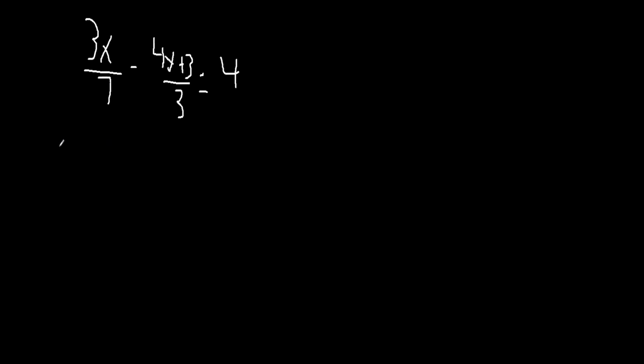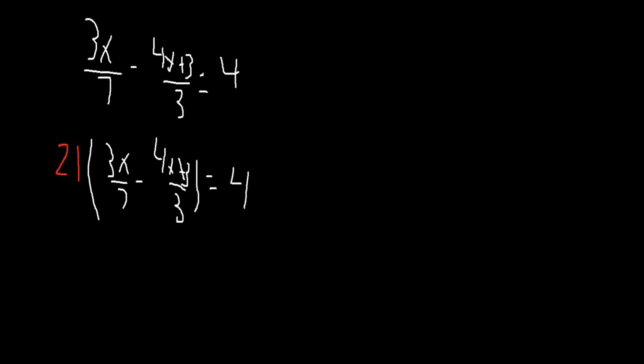So that gives us 21 times 3x divided by 7 minus 4x plus 3 divided by 3, and that equals 4 times 21.